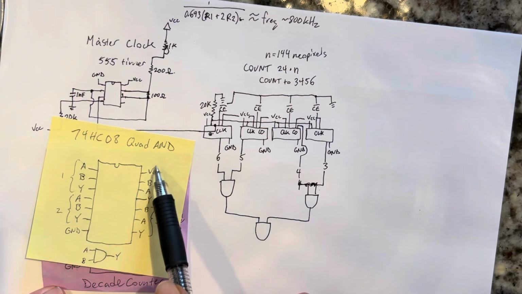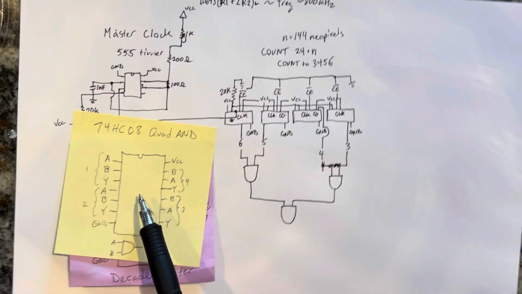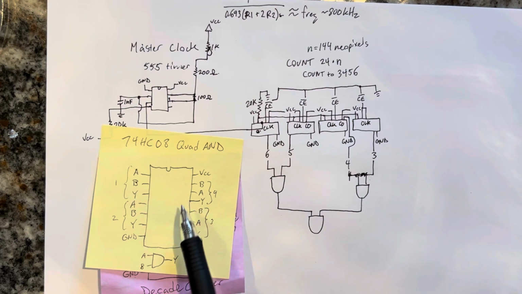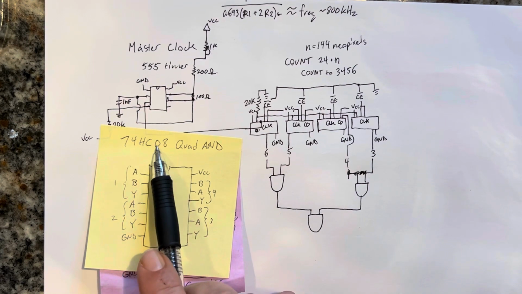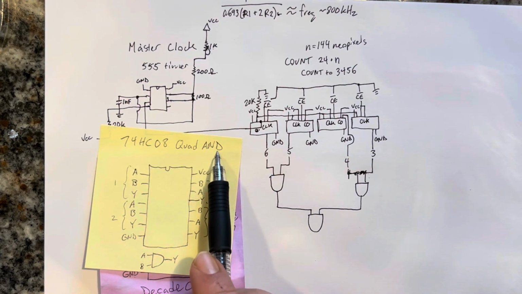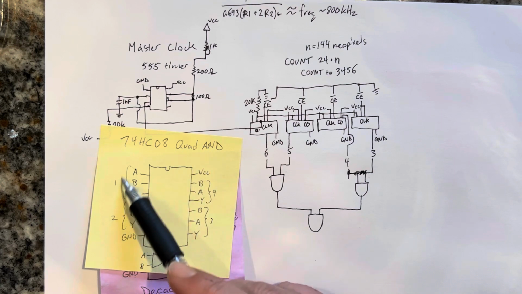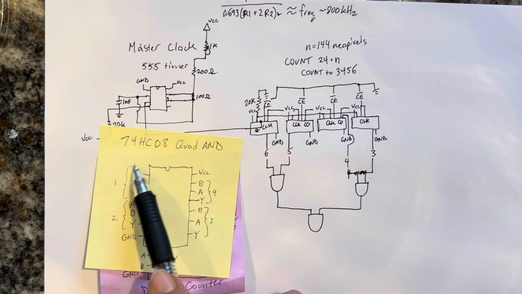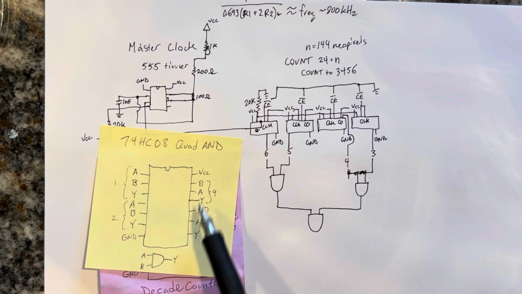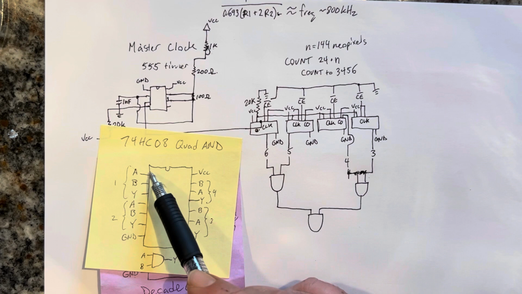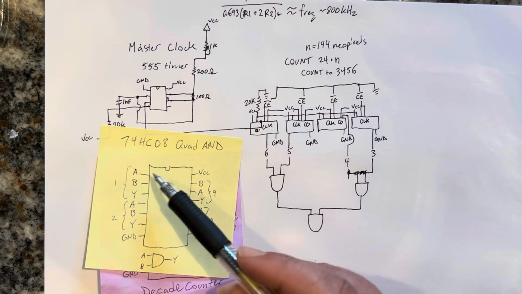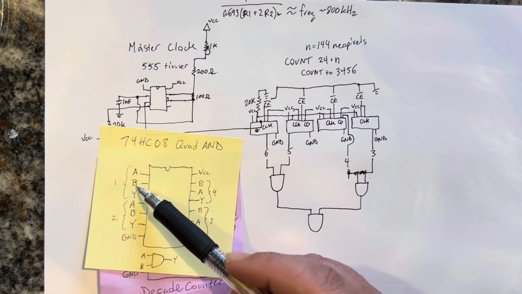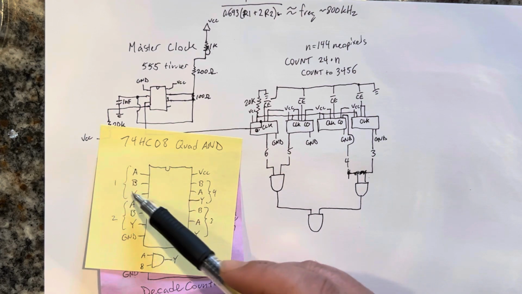So the way a quad AND gate works is, here's the pinout of a 74HC08, which is a quad AND gate. It has 4 AND gates on one chip. If this is the notch of the chip, pin 1 is here, pin 16 is here, and the way this chip works is your A is your first input, your B is your second input, and your Y is your output of that.